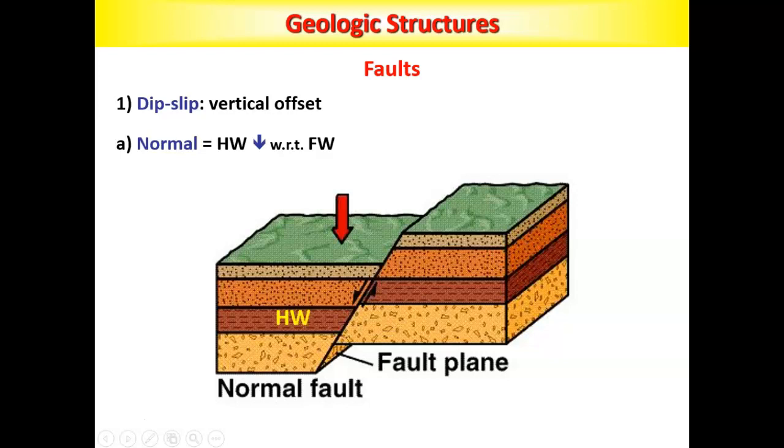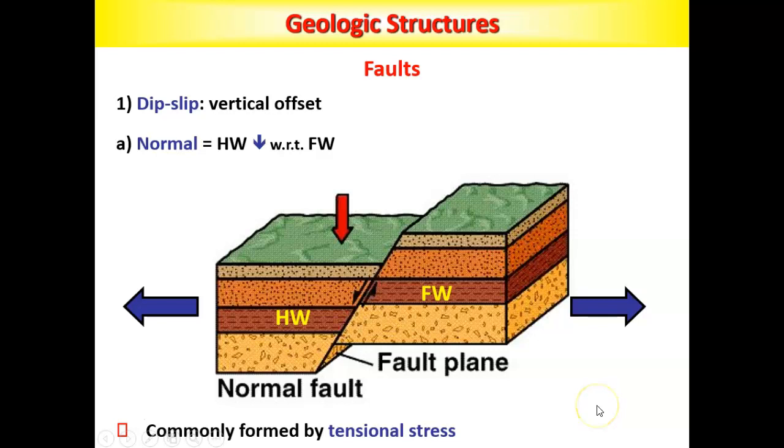The other thing we want to associate with this is that the stress that causes normal faults is tension. We are pulling the crust apart here. So in places on the surface of the earth, we have stresses that are trying to stretch the crust of the earth.